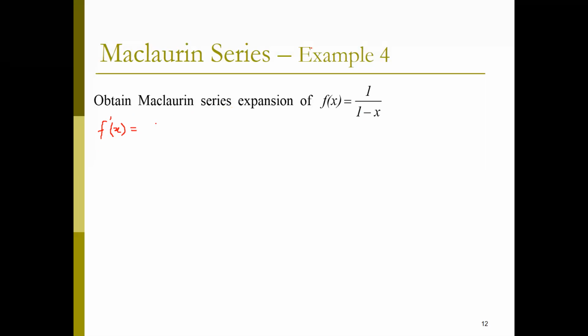And the first derivative will be 1 minus x raised to the power minus 1 times minus 1. This is the first derivative. We can write down this first derivative as minus 1 minus x raised to the power minus 2.